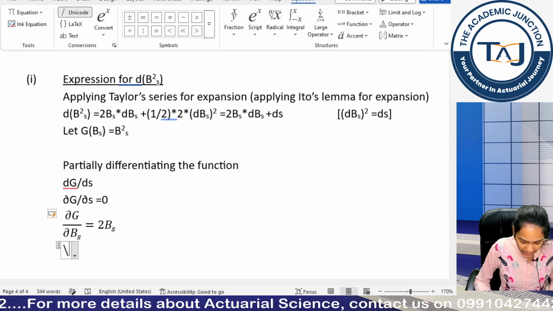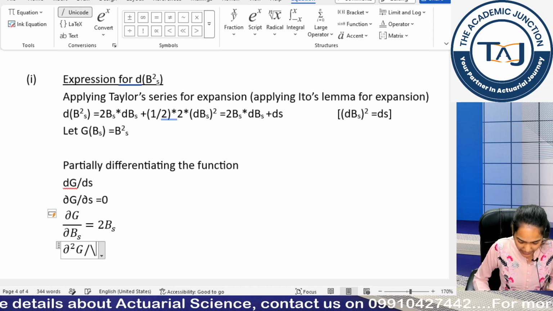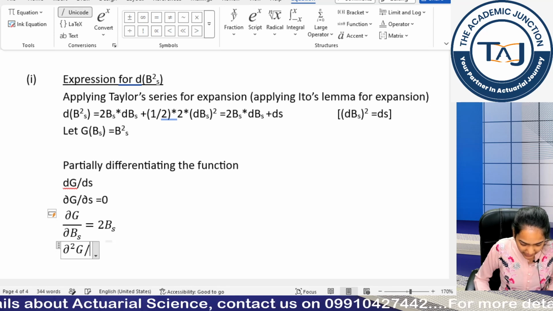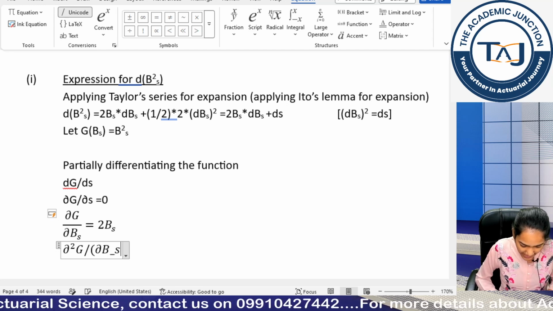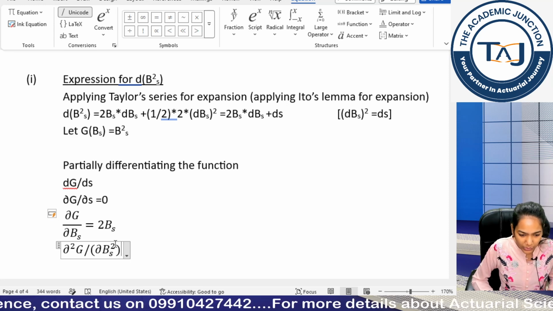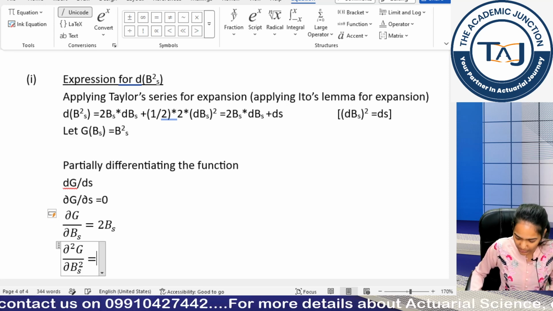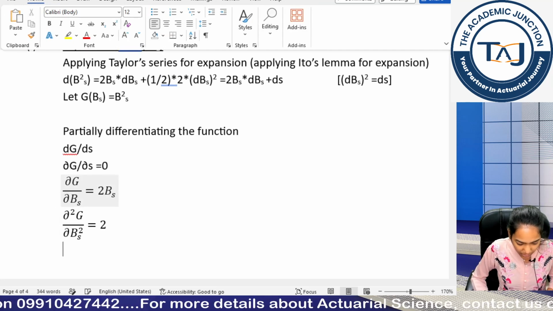Okay, clear? Now again using the second thing. If I am using the equation editor, it will become partial square G by, I will use brackets, backslash partial dBS, and I have square. Okay, brackets close, then a space is equal to 2. How to write the same thing in a normal equation, guys?